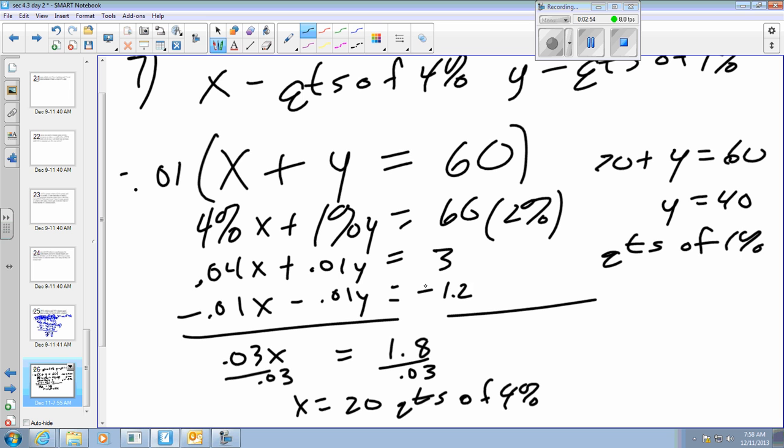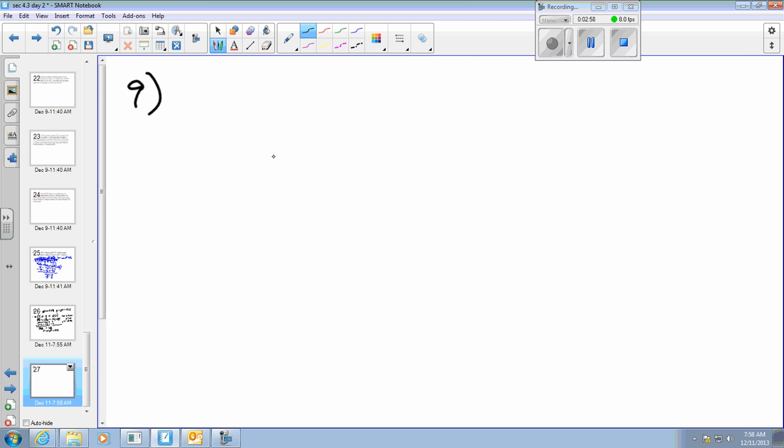Let's take a look at question number 9 now. Question number 9 says, in 2005, the United Kingdom was the most popular host country in which U.S. students traveling abroad studied. Italy was the second most popular.